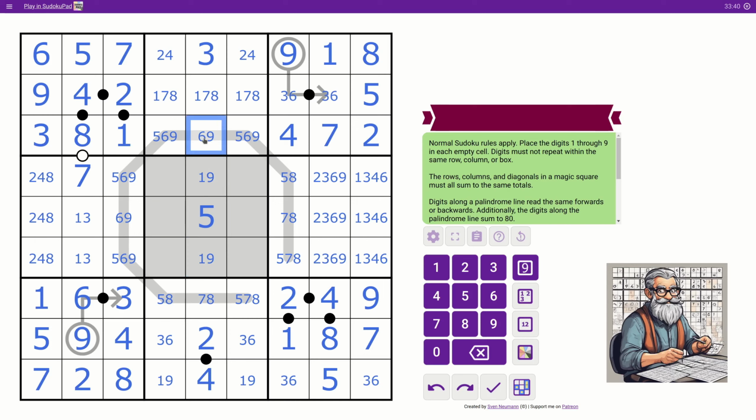So this is a 6, which means that this is a 6, which means that these aren't 6. Okay. Progress? Maybe? Right. What's here?